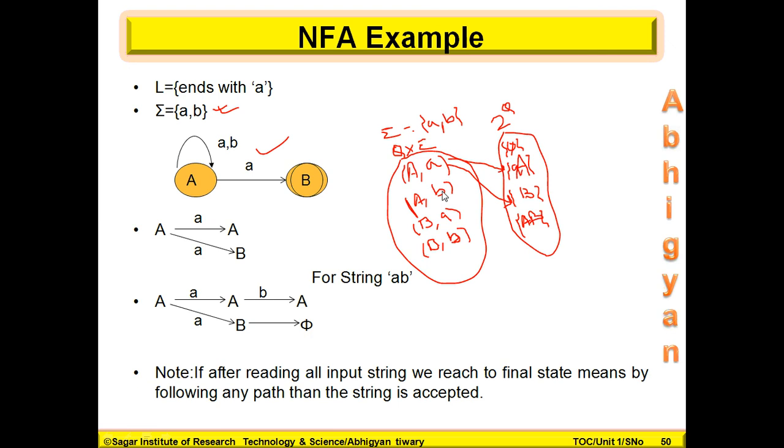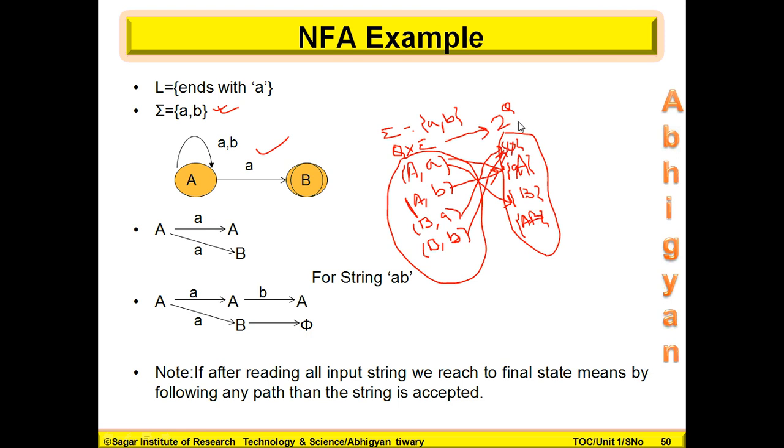For input B in state A, we can move to A itself. And for B with input A, we didn't have any mapping there, so we can move to phi itself. So that is how it is going to be mapped.